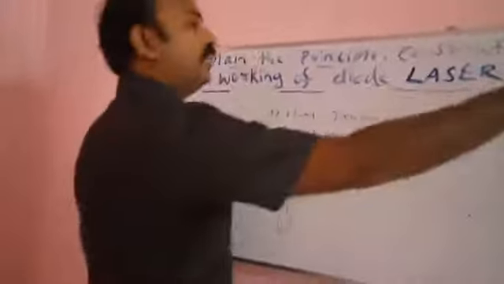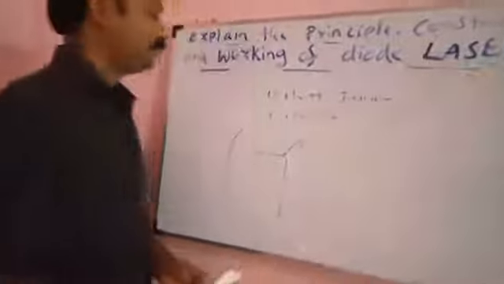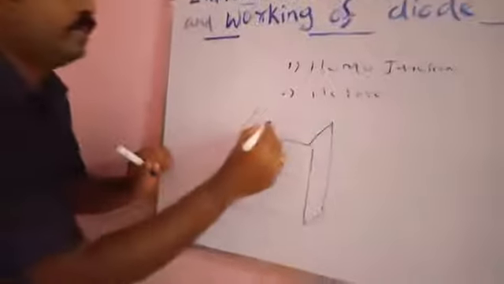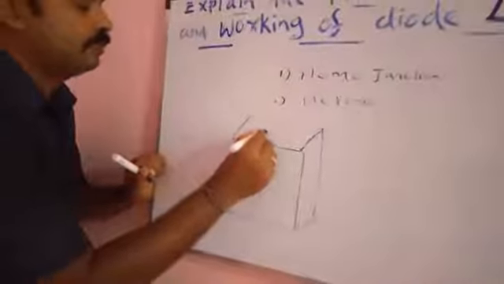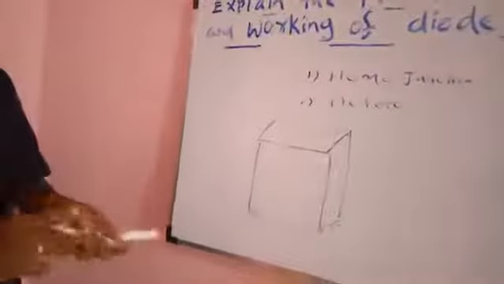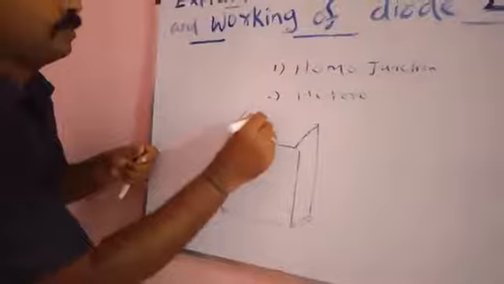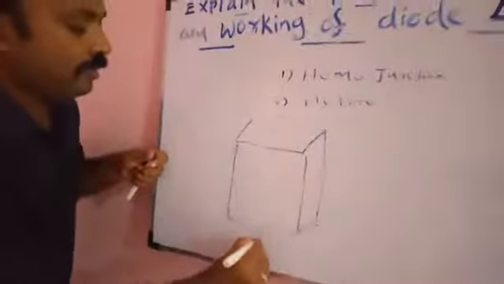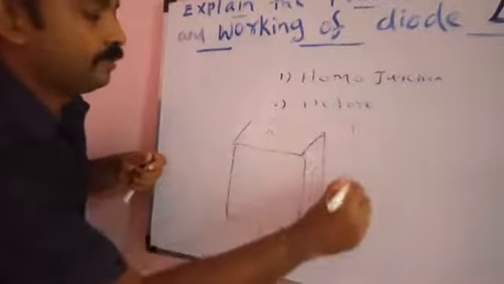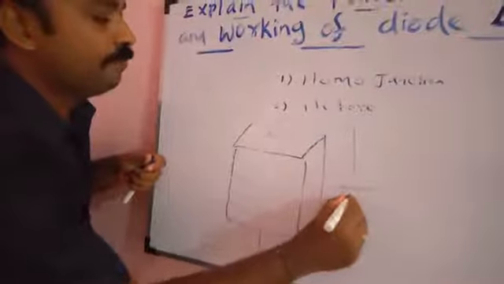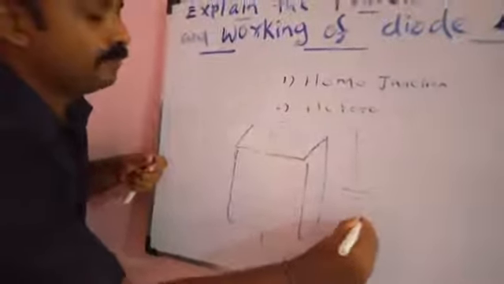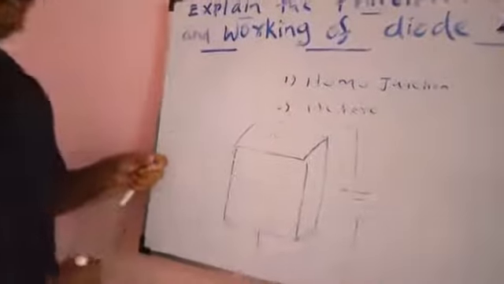Then, what about these five layers, the different layers' names? Here one metal connection is there, and here another metal connection. A battery is connected externally.